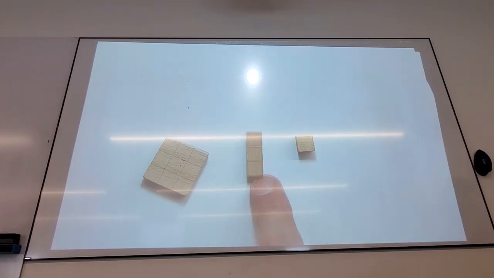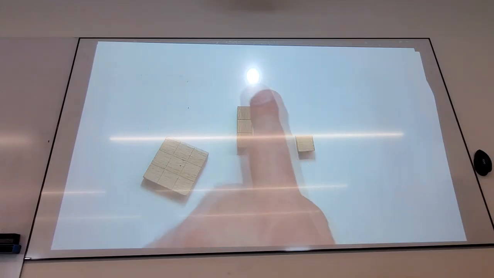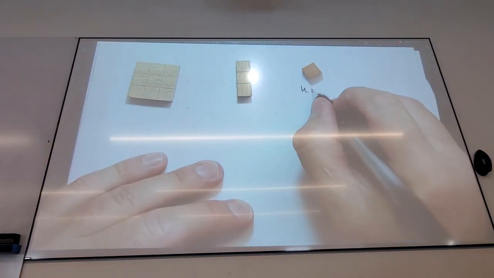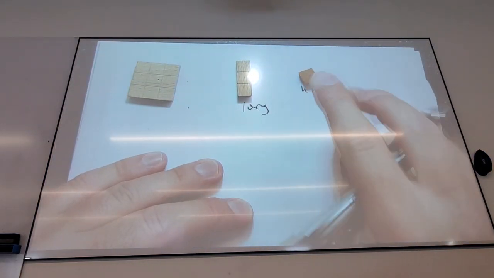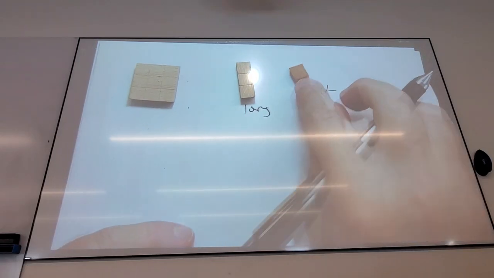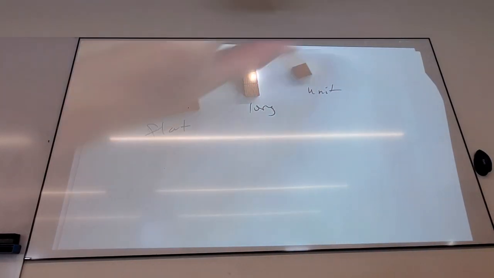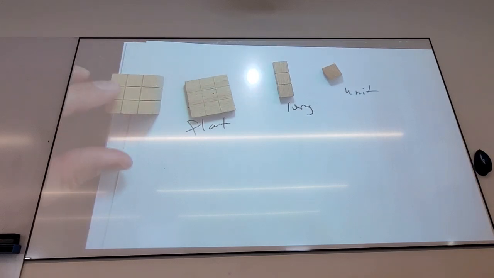What's this guy? Compared to this guy, he's really long. So that's a long. So this is a unit. Unit. This is a long. Do you remember what this is? Flat. Very flat, yes. And of course this would be cube.